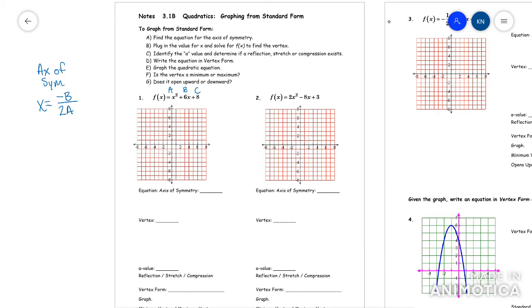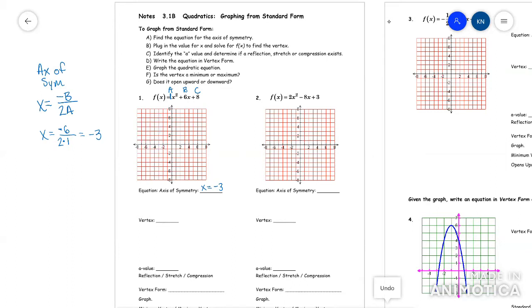In this particular example, when there's not a number in front of that x squared, it's a 1. So A is 1, B is 6. So it'd look like this. B is 6. Remember, have a negative right in front of it, over 2 times my A value, which was 1. So x equals -3 is the equation of my axis of symmetry. So it's going to get cut in half at this -3 spot.